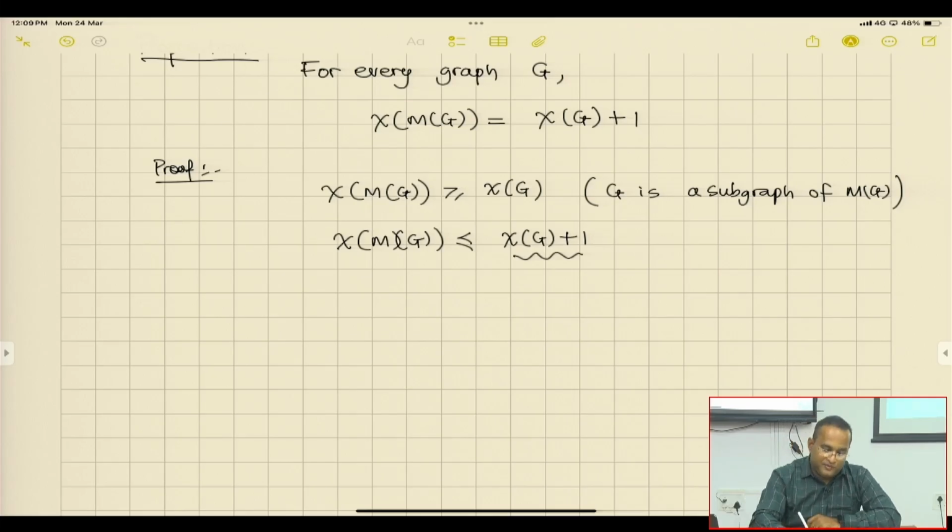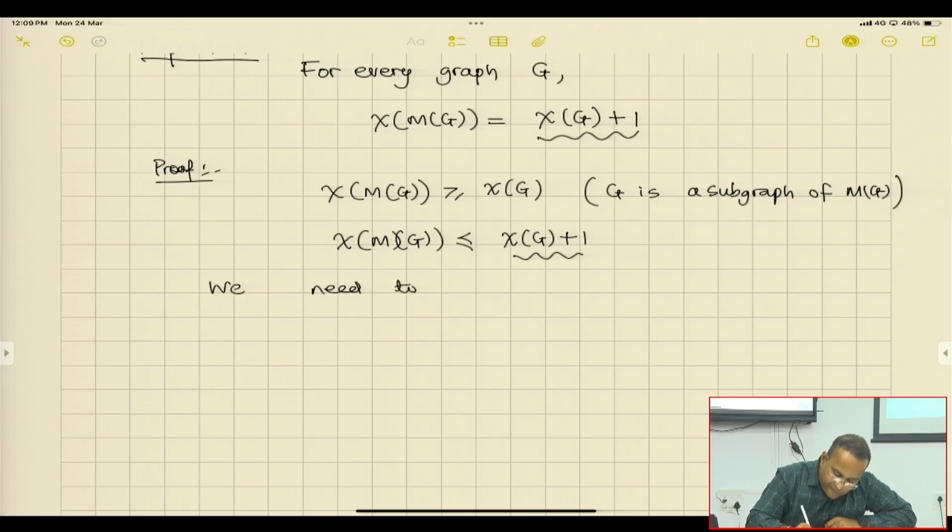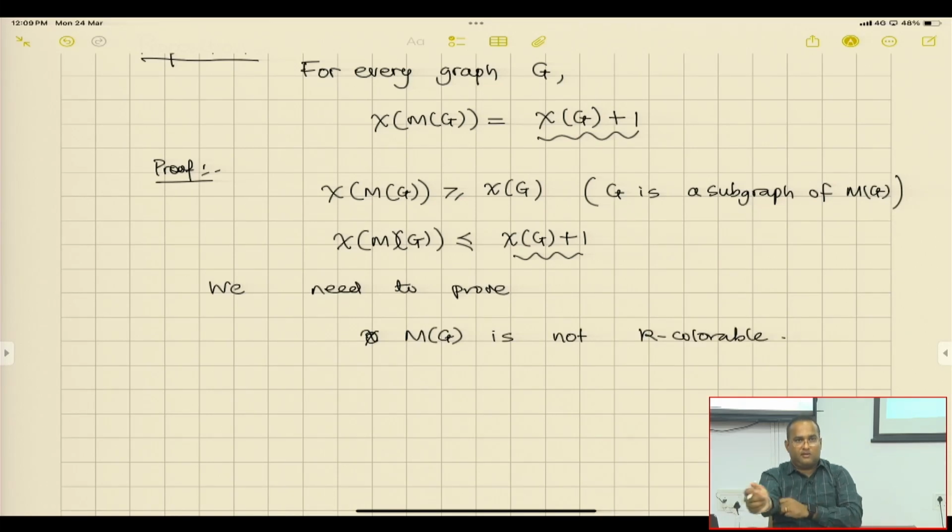To prove this is equal to this one, what is remaining? We need to prove M of G is not k colorable, right?